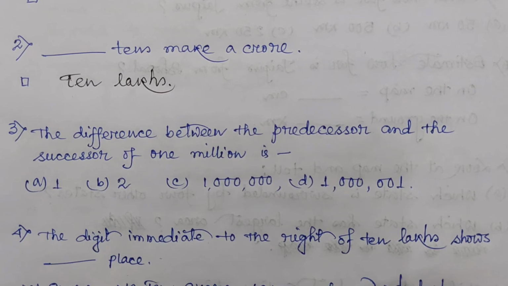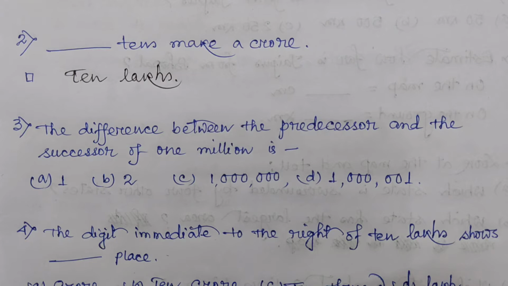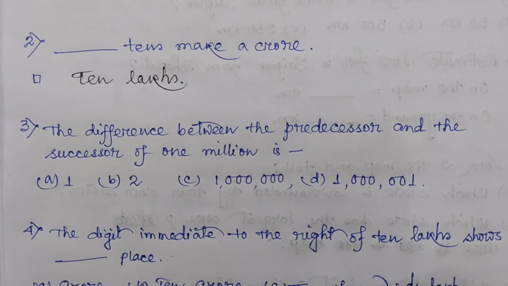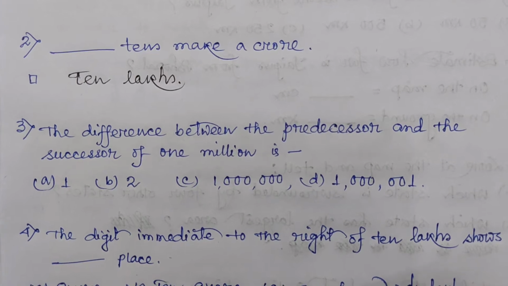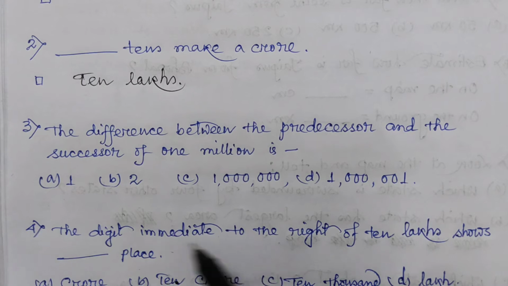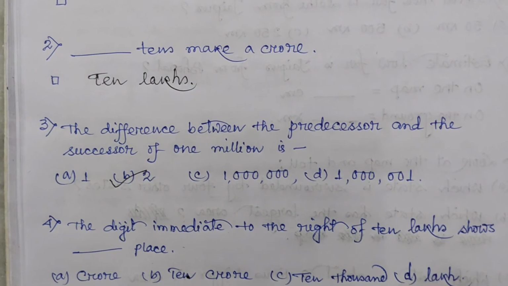So we know for any number, the predecessor is just before the number and the successor is just after the number. So the difference between the predecessor and the successor of 1 million is option B, 2.